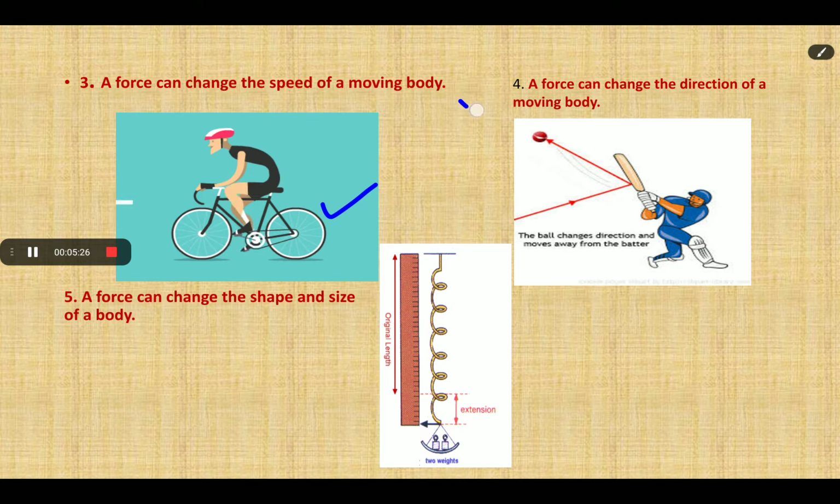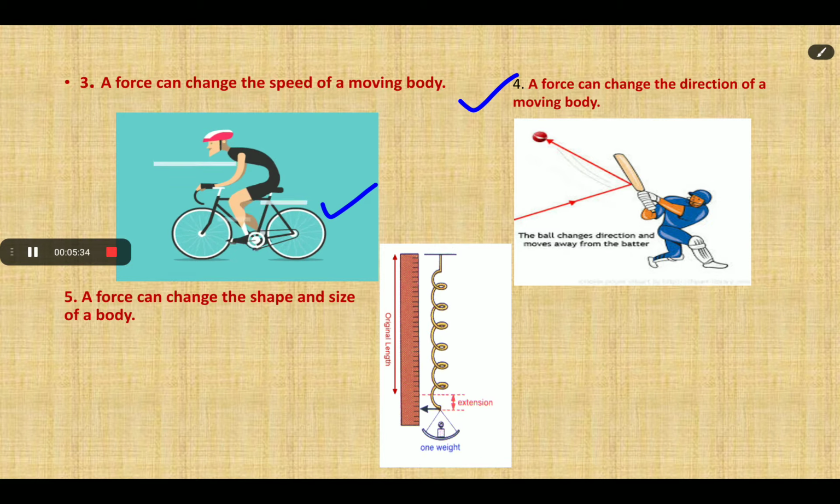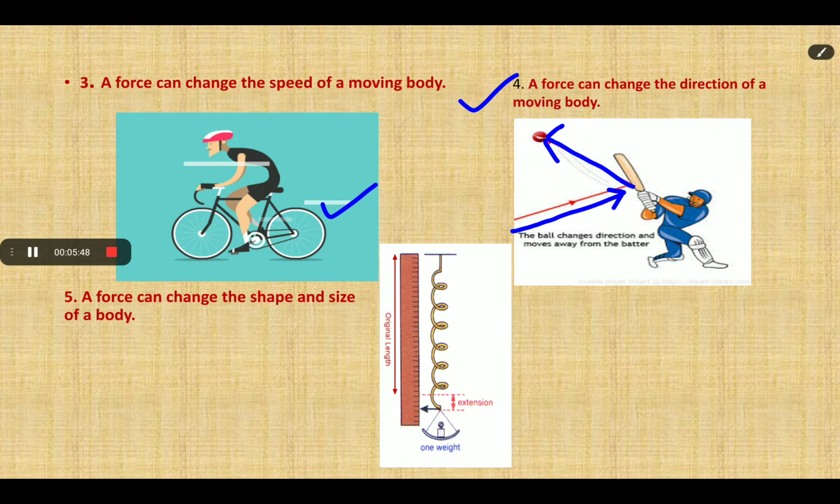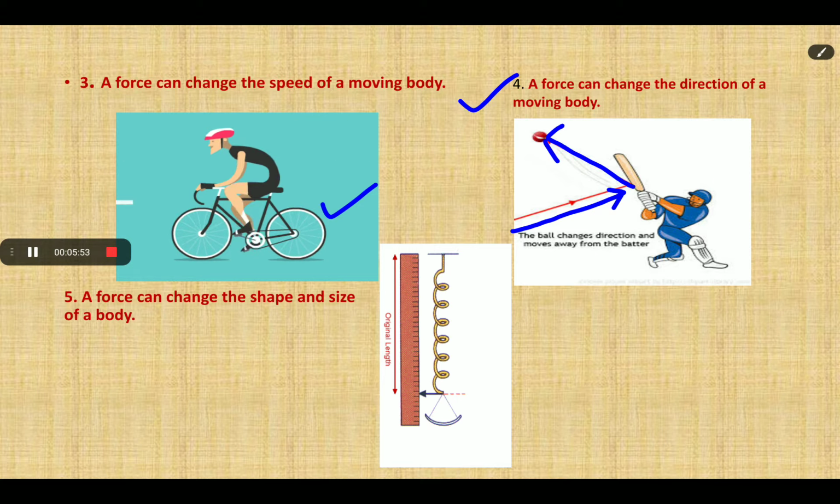Now the fourth effect is that a force can change the direction of a moving body. Here you can see that the ball comes in this direction, and when the bat hits the ball, after applying the force, the ball changes its direction. So we can say that a force can change the direction of a moving body.